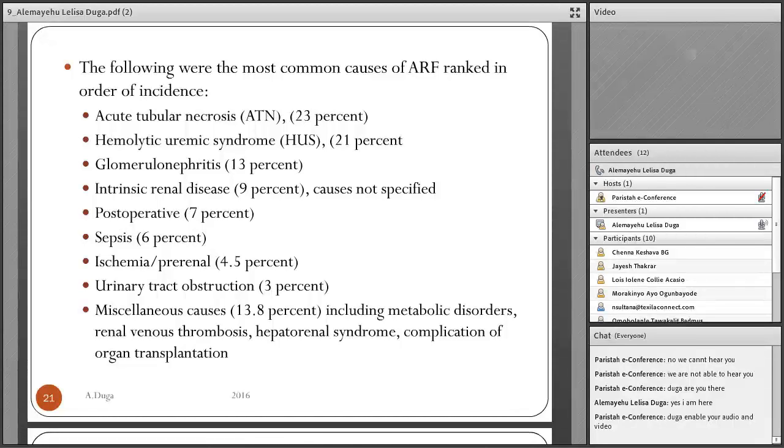In developing countries, acute tubular necrosis is 23%, hemolytic uremic syndrome 21%. So generally, I can simply generalize that the cause of acute kidney injury is a bit different between developing and developed countries.